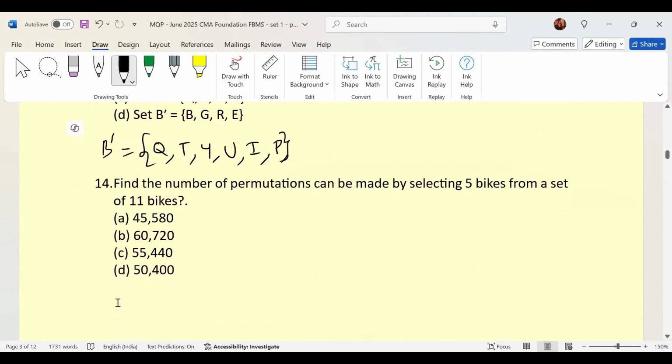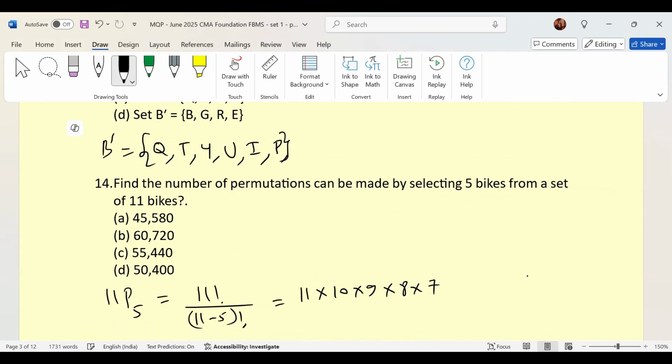Next question. Find the number of permutations that can be made by selecting 5 bikes from a set of 11 bikes. So it is a straightforward question. We have to find out 11P5, which is 11 factorial divided by 11 minus 5 factorial, and that will be 11 into 10 into 9 into 8 into 7 into 6 factorial in the denominator.